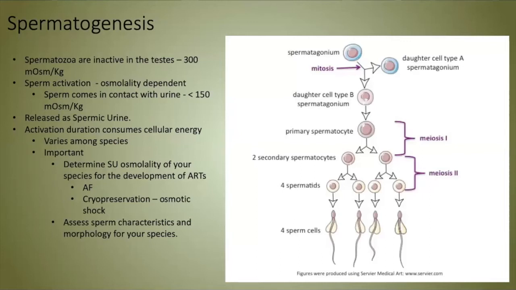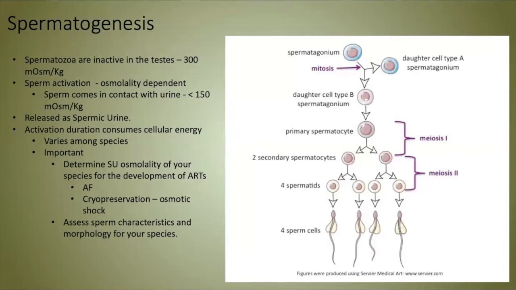Activation or motility consumes most of the cellular energy of the spermatozoa, and duration of motility is dependent on this, let's say, energy that the cell holds. This will vary among species. Not all species present the same duration of motility.